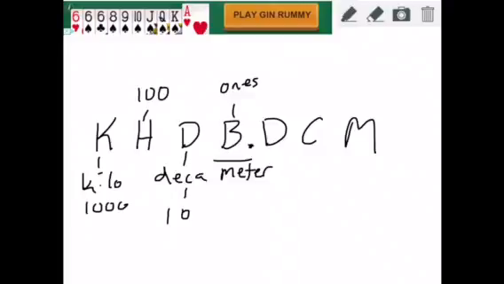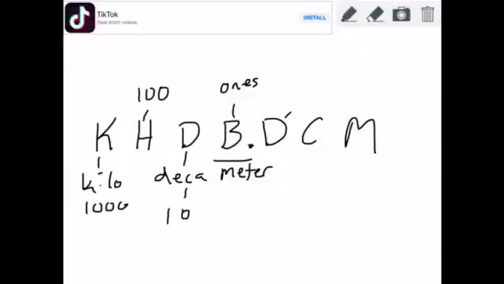On the right side of the decimal, we'll start here. This D gets a little confusing, but this D stands for deci. A decimeter would be a tenth of a meter. So deci means 1/10. This is a pretty familiar one that you should know. This is centi.